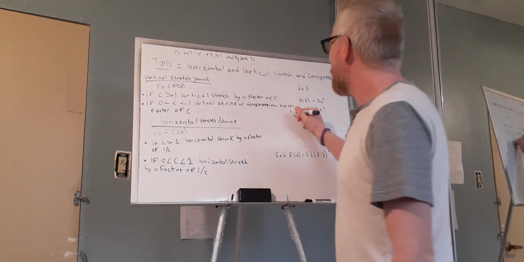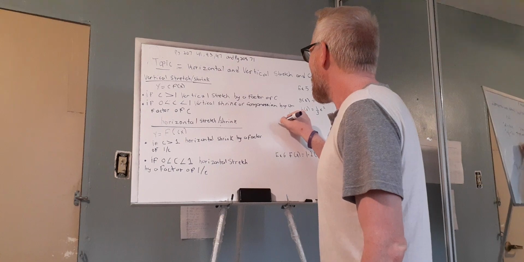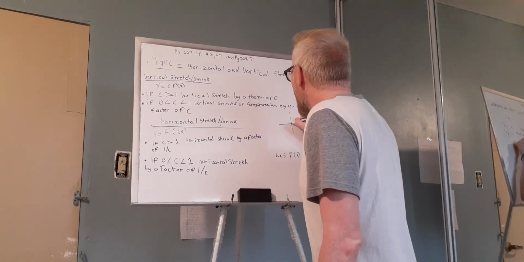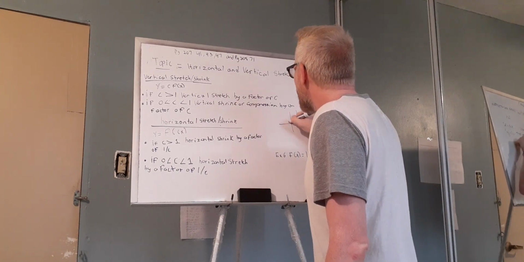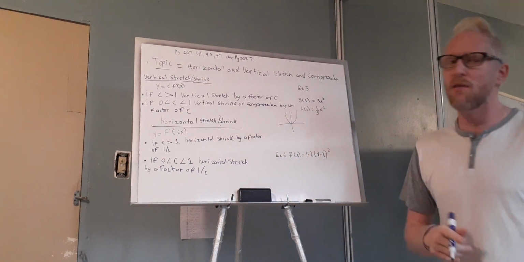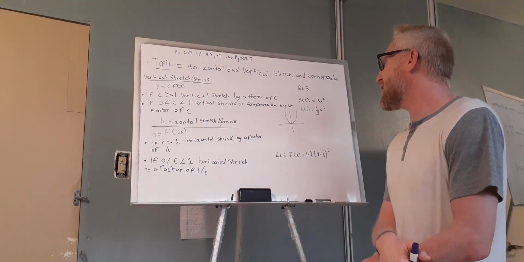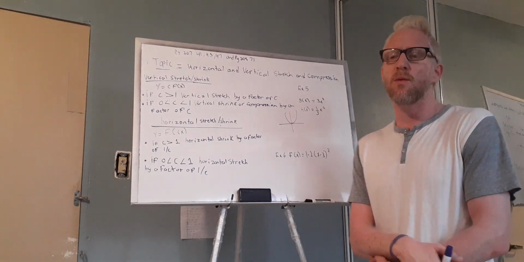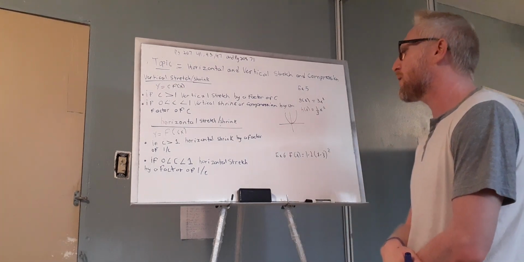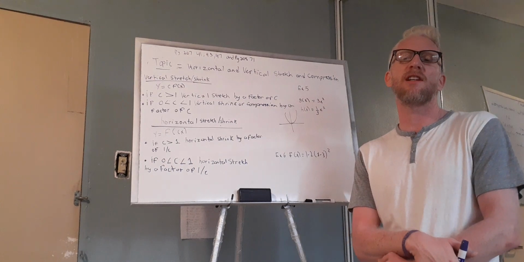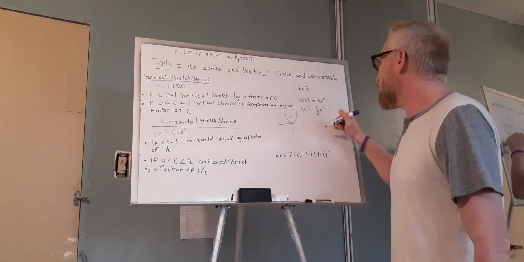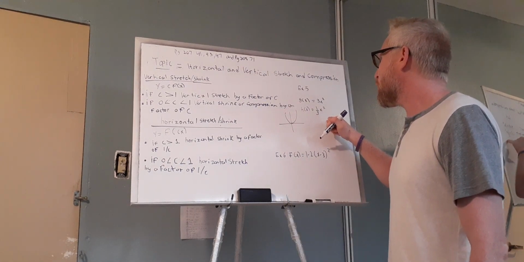First of all, let's review our parent function, and we said that our parent function always passes through the origin. So there you go, this would be your parent function. If we look at the functions individually, we can determine if they're vertically stretched or vertically compressed. The first function says g of x equals 3 times x squared.